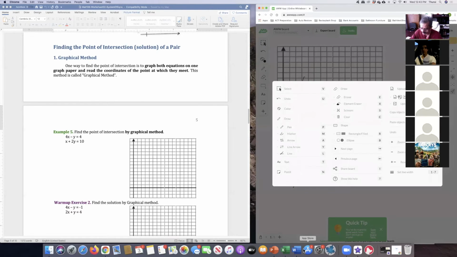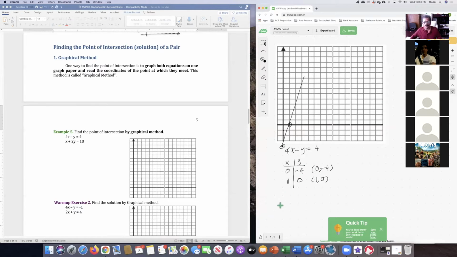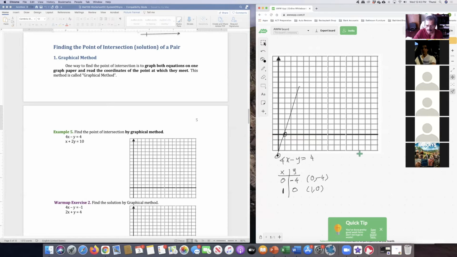Okay, that's my graph. And let's go to the other one, x plus 2y equal to 10. X plus 2y equal to 10. Okay, I can find 2 points, x equal to 0, y equal to 5. If I choose y equal to 0, x is 10.